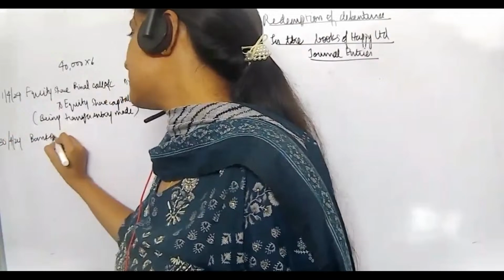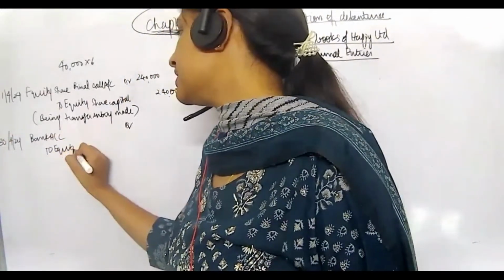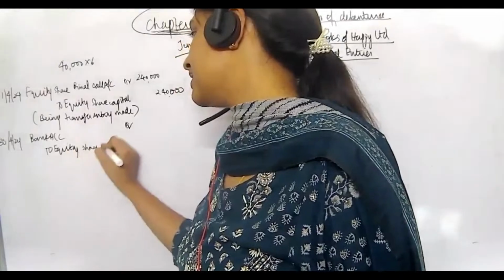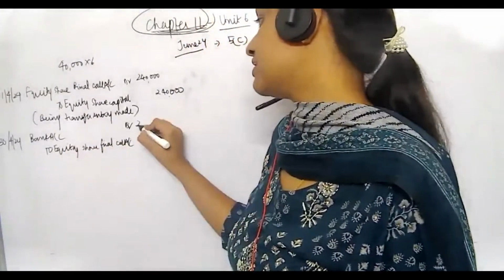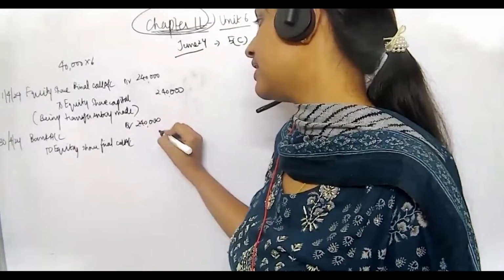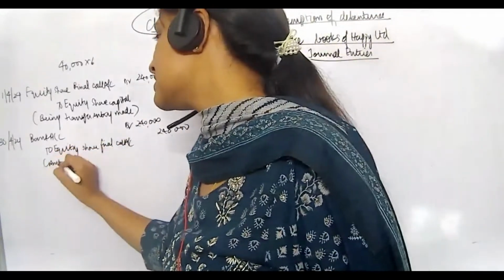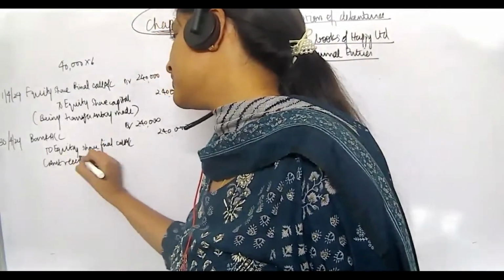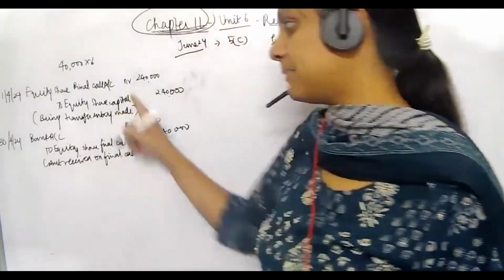When you receive the money, you will be recording bank account debit, equity share final call. It is 2,40,000 and 2,40,000. So this is the amount received already on the final call. Over. So now I have made it fully paid up.